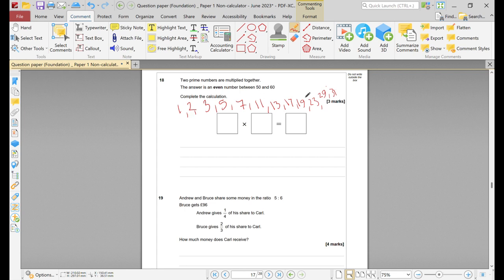If you do 2 times 29, because if it's even, then it's got to have 2 in it, because you ain't going to get another even prime number other than 2. So 2 times 29, that's 58. Okay, that works. So it's going to be 2 and 29.